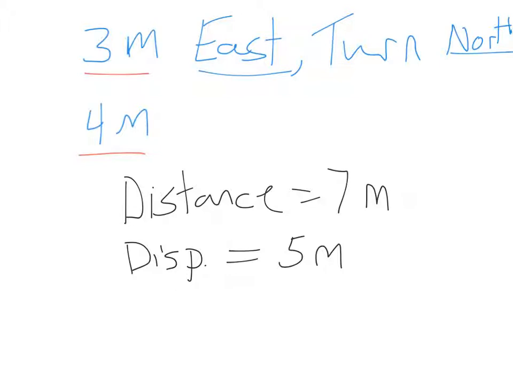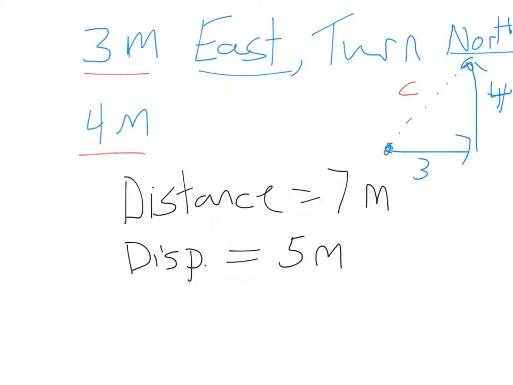So we have Dan's path as he went 3, and then 4. So we have a start and an end. And this is our C. So how were we supposed to solve for C?